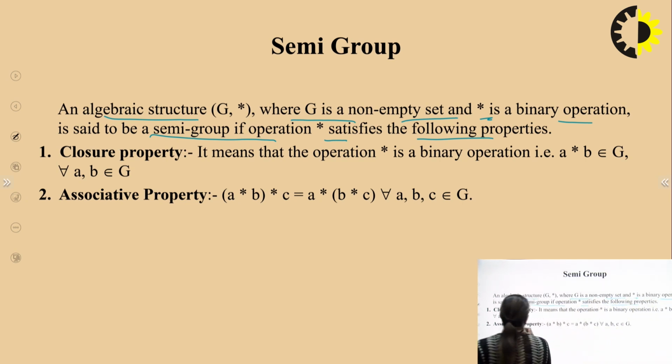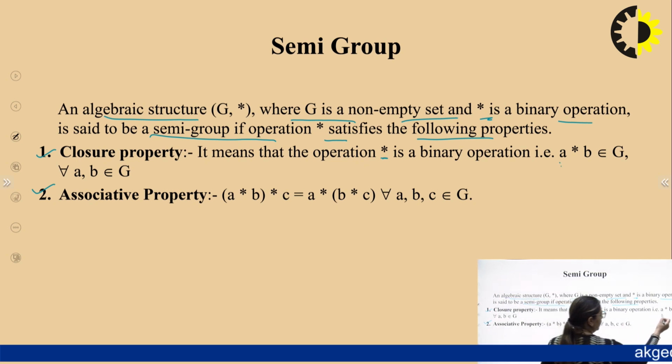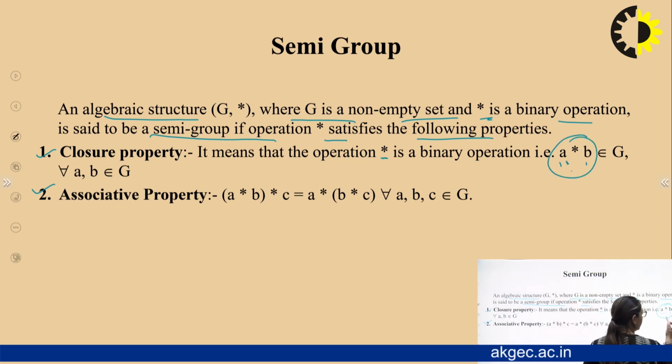First of all, two properties should be satisfied, closure and the associative property. What does the closure property say? It means that this star is a binary operation and if A and B belong to some set, then their operated element, whatever we get after the operation, also belongs to this set.